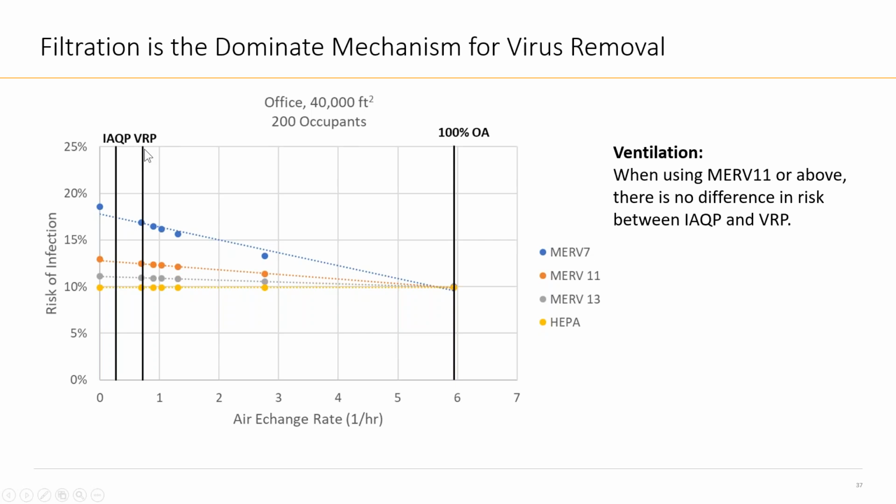The VRP is 4,500 CFM. The IAQP in this case is 2,500. So 100% is 40,000 CFM, VRP 4,500, IAQP 2,500. You can see that if you use MERV 11, there's really no difference between them. It's a horizontal line between VRP and IAQP.